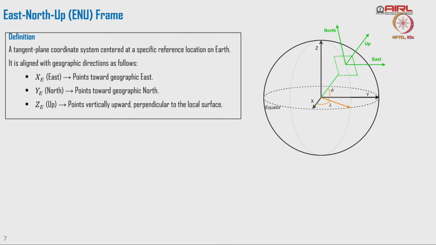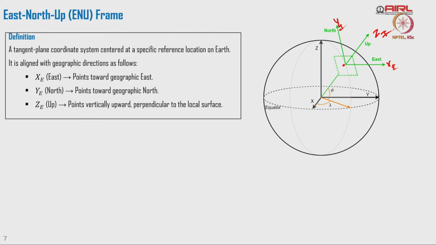I am trying to define it. Suppose I am on the surface of the earth, and I am defining my fixed frame of reference. What is my x axis? The x axis points towards the east, that is my x e. Y points towards the north, that is y inertial, and then you have your z inertial.